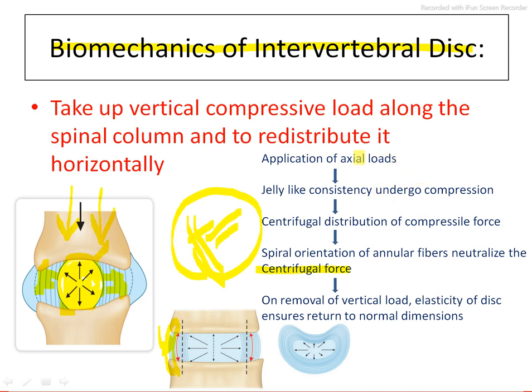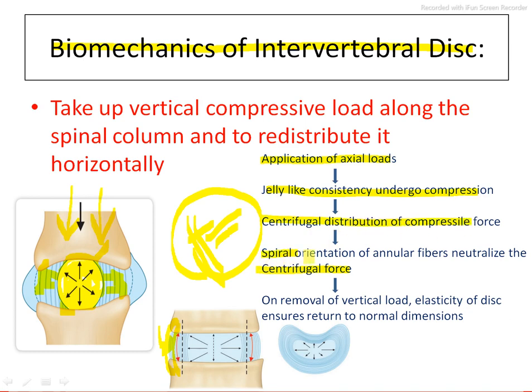So you see here, there is application of the axial load. After application of the axial load, the jelly-like nucleus pulposus undergoes compression, and then it centrifugally distributes the compressive force.